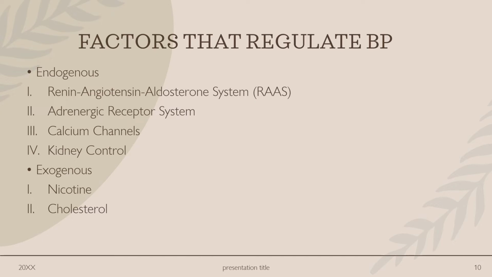The second one I want to go over is the adrenergic receptor systems. The nervous system contains two divisions, the parasympathetic nervous system, PSNS, and the sympathetic nervous system, SNS. For both systems, there are chemicals, enzymes, and hormones that can activate, called agonists, or block activation, called antagonists.